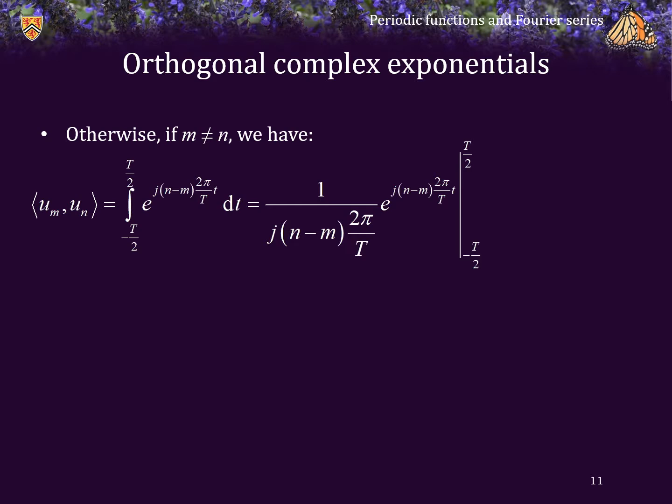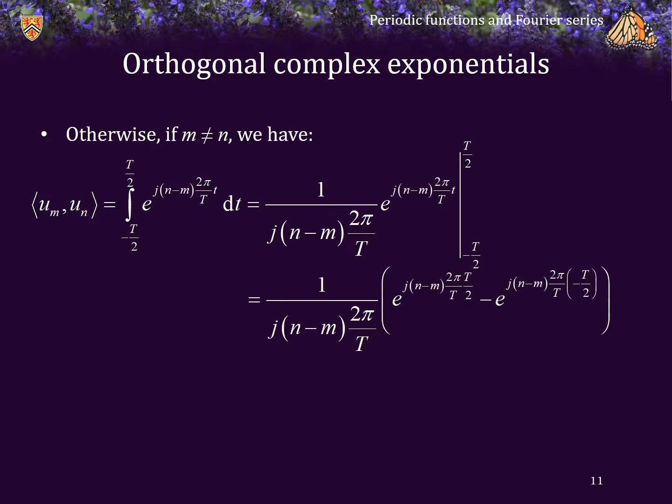So now we have this antiderivative, and we just evaluate this antiderivative at T over 2 and subtract from that the antiderivative evaluated at negative T over 2.